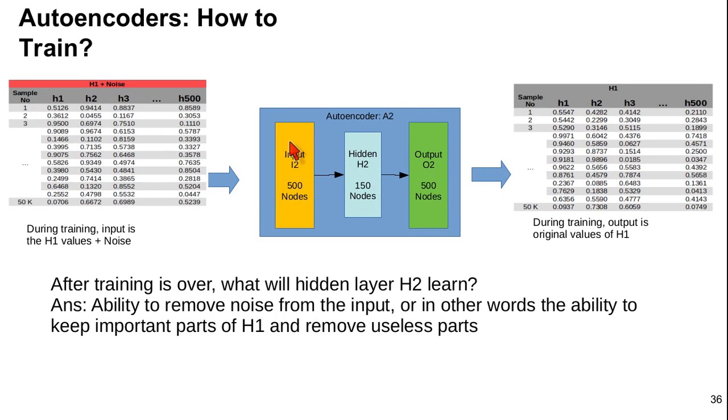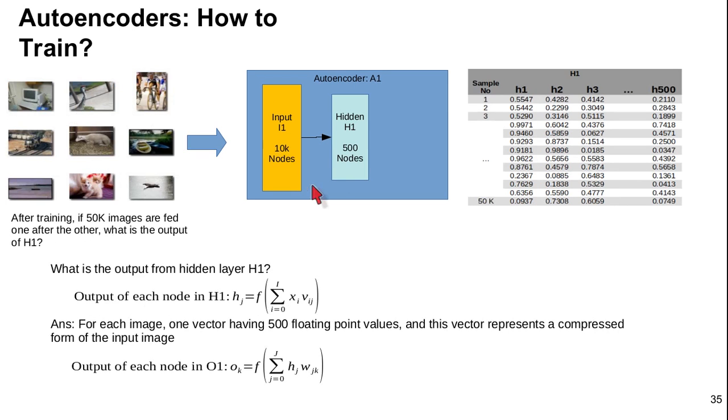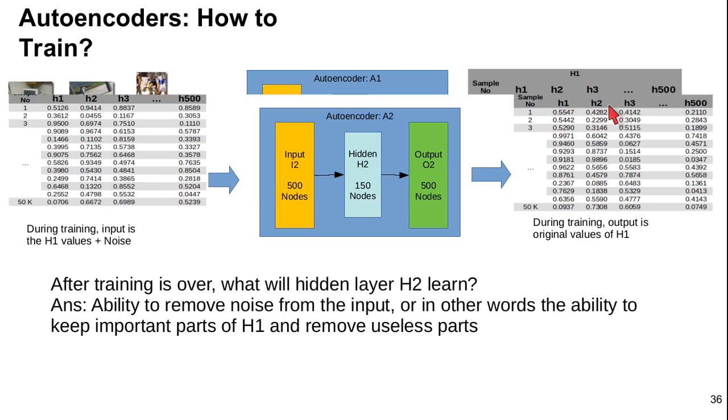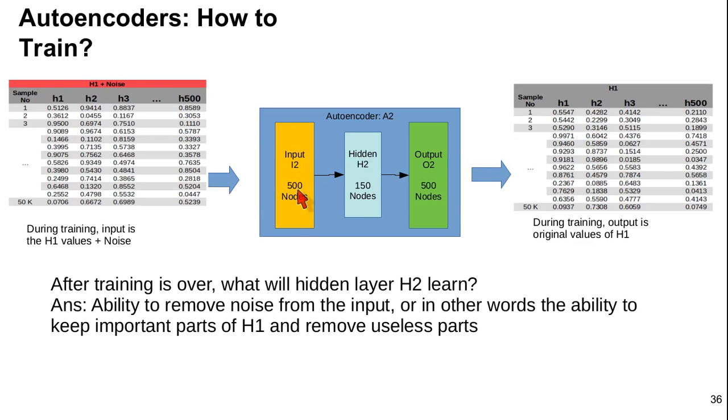Autoencoder A2 has the following architecture. The number of inputs are 500. Note that the output from hidden layer H1 of autoencoder A1 is 500 features. So the input of autoencoder A2 has 500 nodes. The hidden layer of autoencoder A2 has 150 nodes, and the output of autoencoder A2 has 500 nodes.